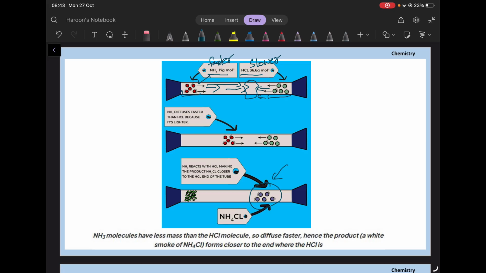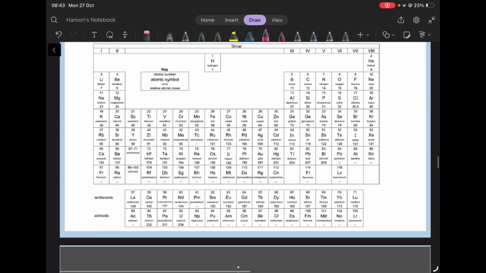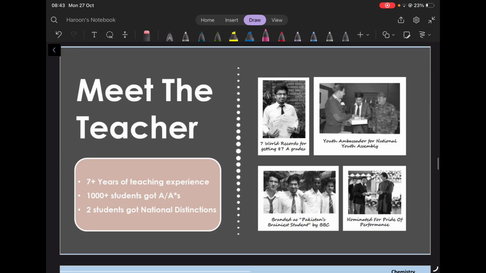When we have two gases which have the same mass, the reaction would take place somewhere in the middle, right? If you have a heavier gas on the left, it would take place somewhere around here, nearer to the heavier gas in that case, right? Nearer to the heavier gas, further away from the lighter gas. Okay.